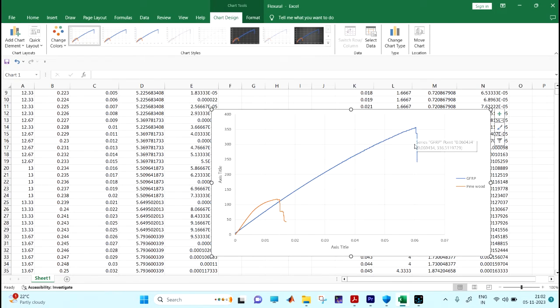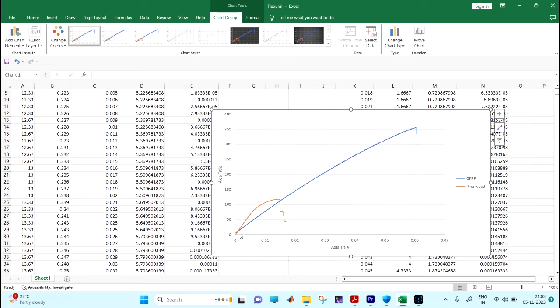It is a brittle failure and it drops. You can easily see the drop in the curve. Whenever this drop occurs, the UTM stops automatically. For a particular percentage drop, there is a procedure for specimen break.